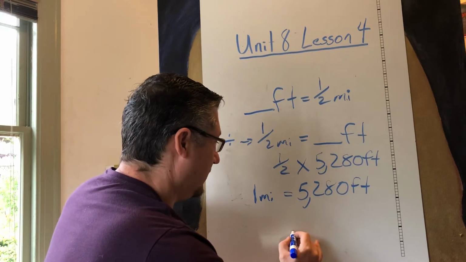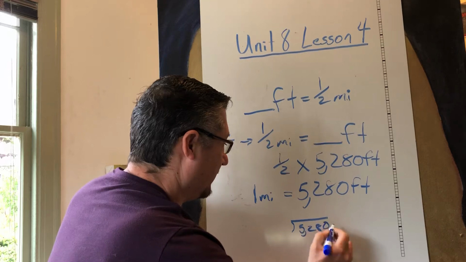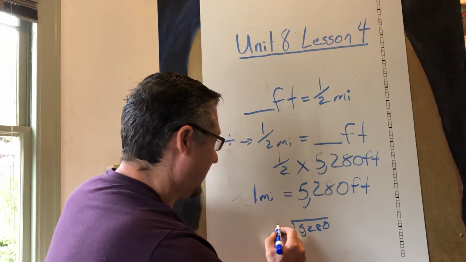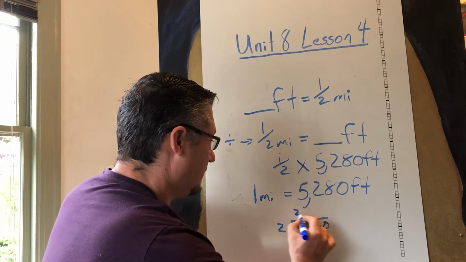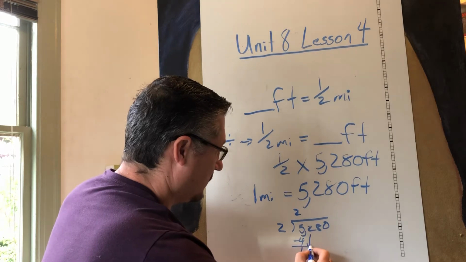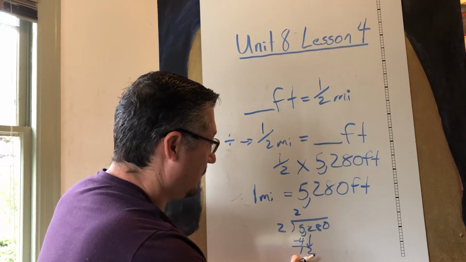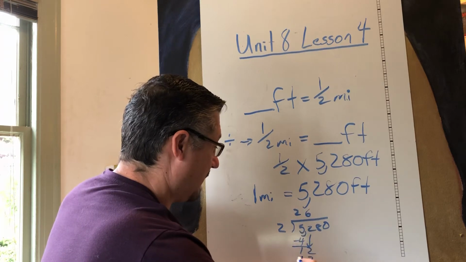We could do long division if it helps. I don't know if this is still on your screen. This is my first video, so I got to check it. So I'm going to put 2 here. 2 goes into 5 two times. I put my 4 here, subtract 1, drop my 2. 2 goes into 12, 6 times. 6 times 2 is 12, subtract 0, drop my 8.